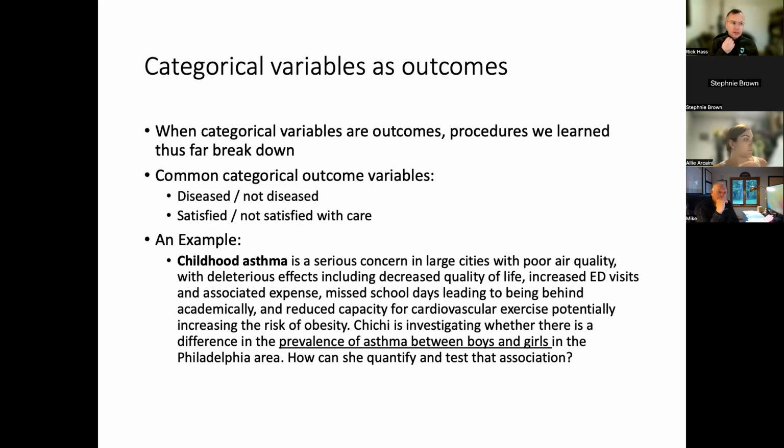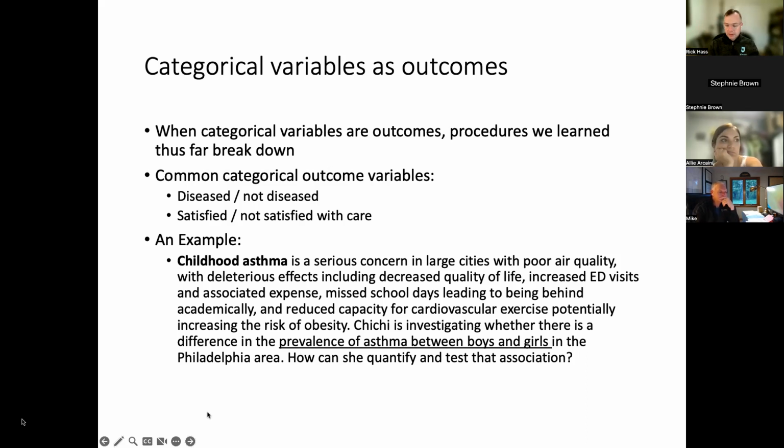So one way we might do this is we might just go out and take a random sample of children. So our total sample size would be fixed, say, to 200. And we would simply cross-classify these 200 children, right? They'd either be male or female, and they'd either have asthma or not. So there's essentially four subcategories in our study they can fall in based on that cross-classification. Right?